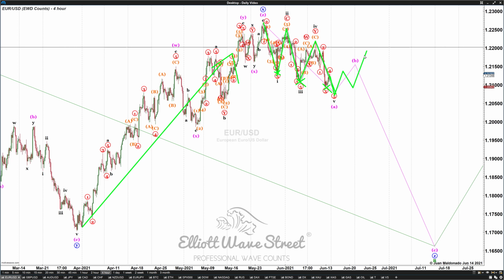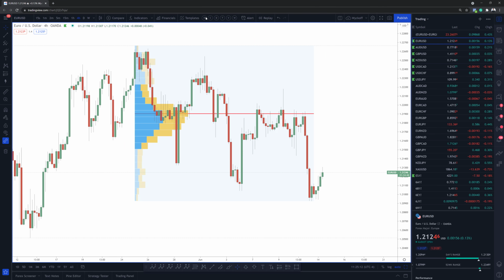I don't know how deep the wave B is going to be. We can have an idea by using the volume profile on the euro, where I'm looking for a target around the 121.90.